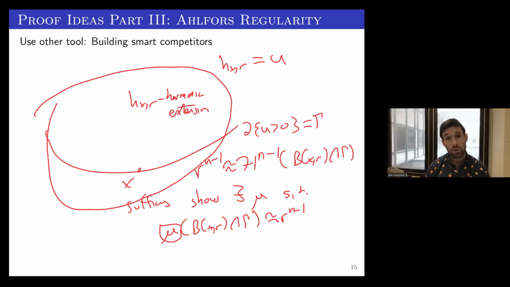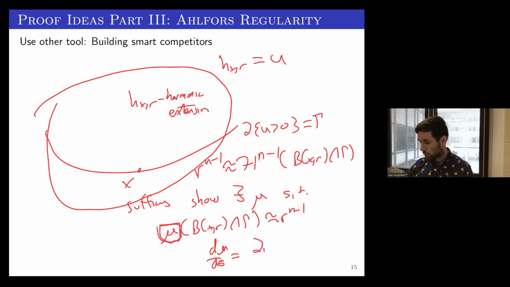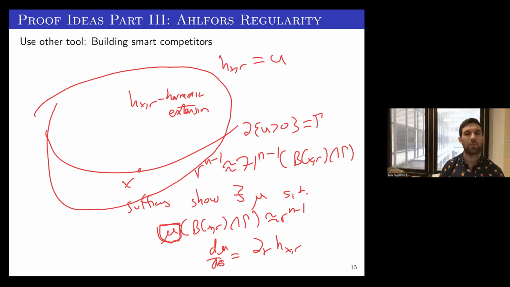And now we use properties of harmonic functions on NTA domains, things that come from the work of Jerison and Kenig, for example, in their paper, which has been cited several times today, to produce this measure mu, which is exactly going to be given by d mu d sigma equal to the normal derivative of h_{x,r}. So it's basically going to be the harmonic measure of the domain. So I'm just trying to give you a sense of how some of these tools from harmonic analysis and GMT come into play here. Cool.